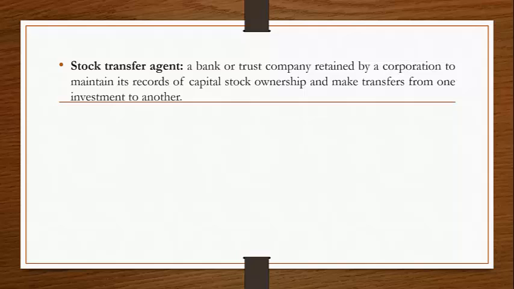A stock transfer agent maintains all the records because shares keep on trading in the stock market every day and the ownership keeps on changing. So maintaining the ownership status for the organization is done by a designated bank or trust company, so that the record will be updated accordingly.